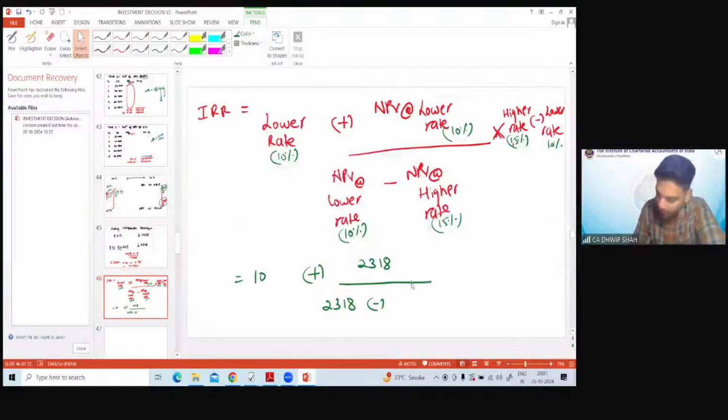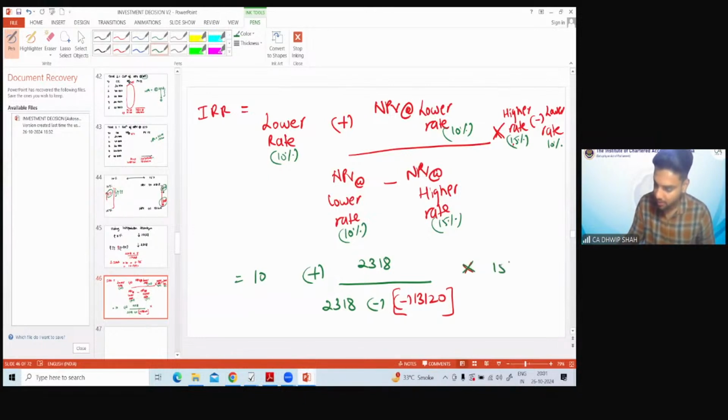So my NPV at higher rate, pay attention here, is negative 13120. Just don't write 13120 as an absolute number. It is negative 13120. Multiply by higher rate 15% minus lower rate 10%. Let's calculate now.